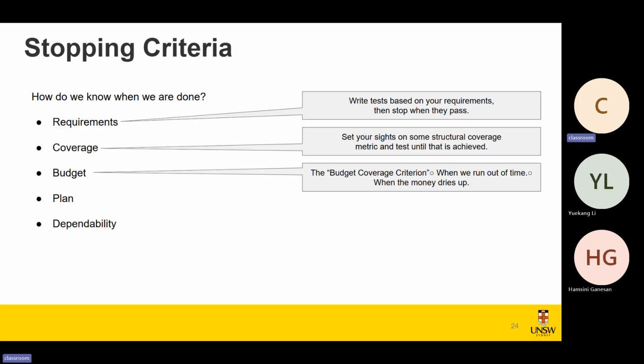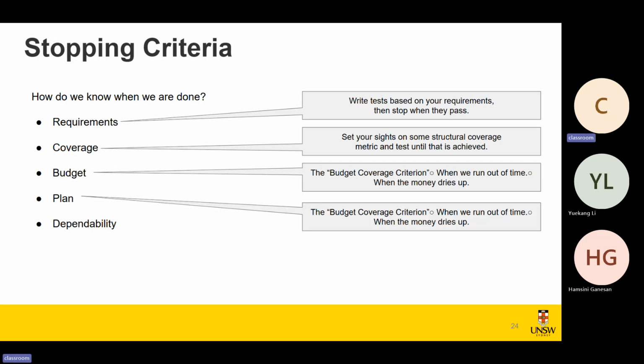Or we can use budget. When we don't have time to do testing, then we just stop. Or when we don't have money to support testing, then we stop. Or we can use plan, which is similar to budget. Basically we just stop according to the plan or budget.